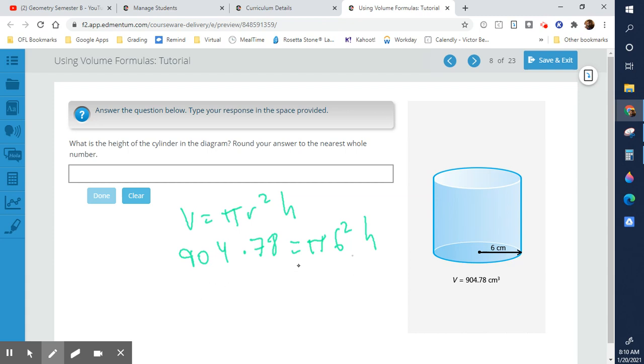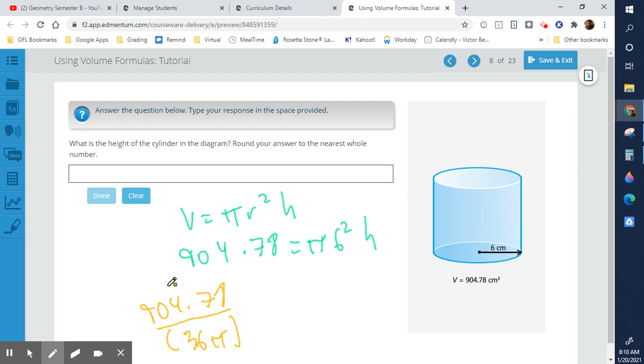Well, 6 times 6 we already know is 36. So we're going to divide 904.78 by parentheses. Make sure you put parentheses. The reason is you want to multiply the 36 and the pi before you divide out.